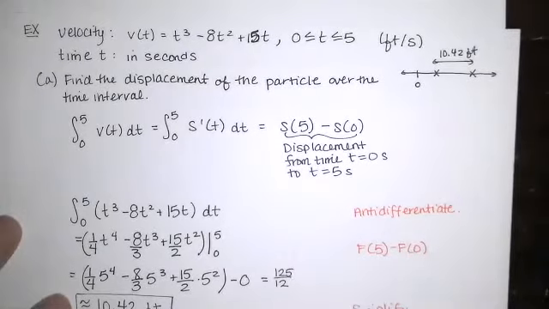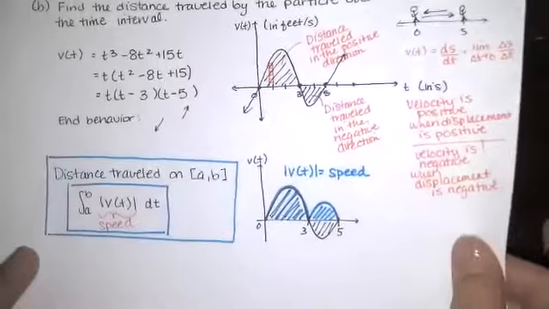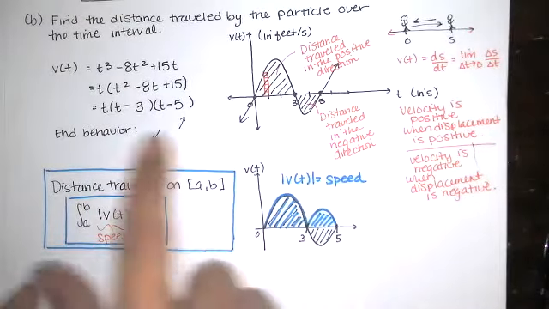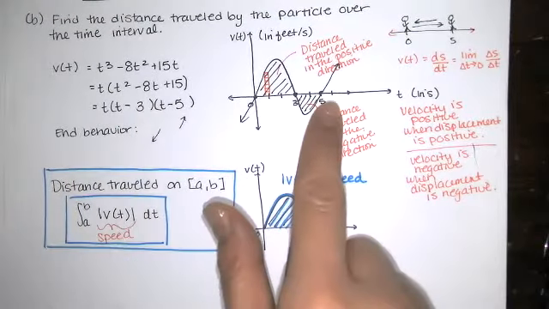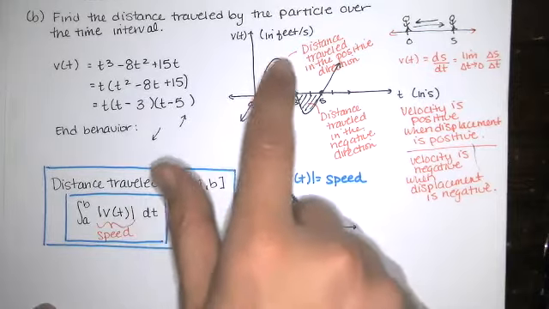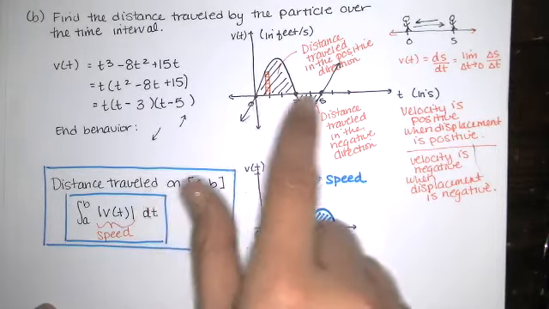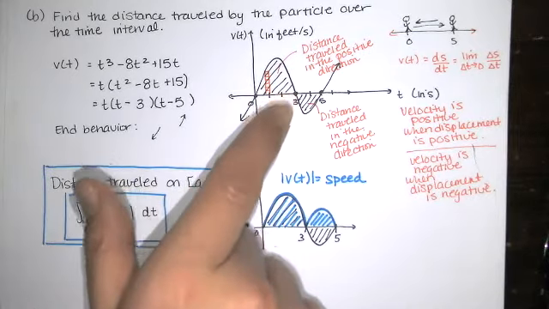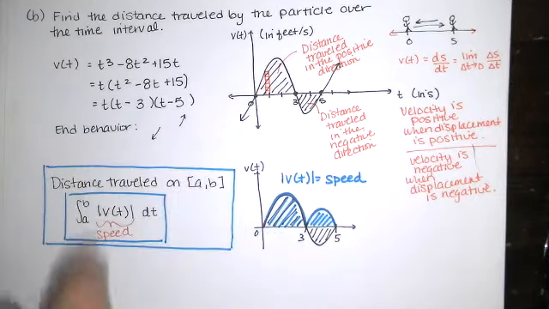They asked for displacement and distance traveled on the interval from 0 to 5. And then you need to figure out where that velocity is 0. We already did that by factoring this, and then we graphed it. And then you need to find the distance traveled on each of the intervals defined by those zeros. So I need the distance traveled from 0 to 3 and the distance traveled from 3 to 5.